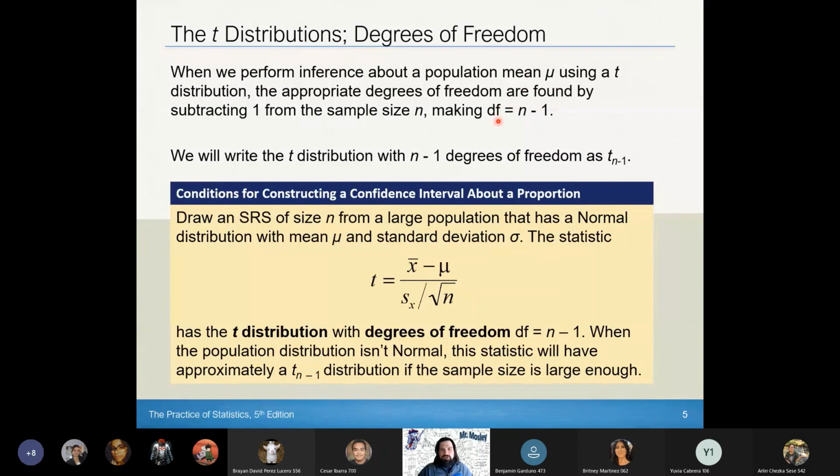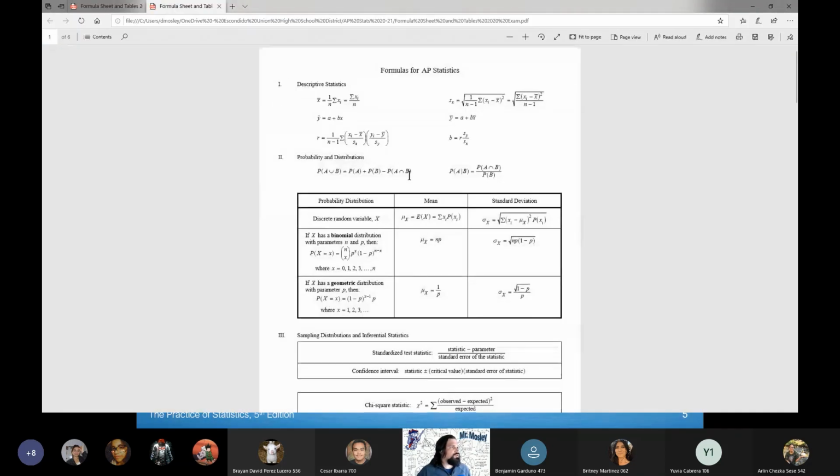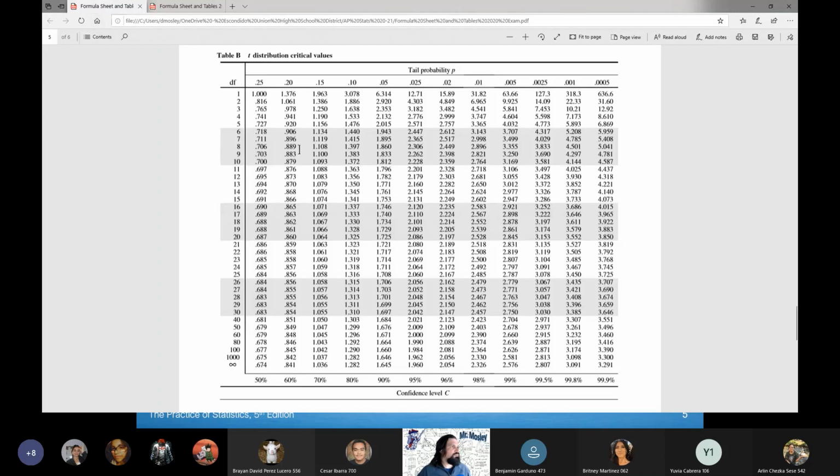The degrees of freedom is a number that we look up on the t distribution table, which is table B. Let me pull it up for you so you can see what it looks like. And we'll see this later today as well. So this is what table B looks like.